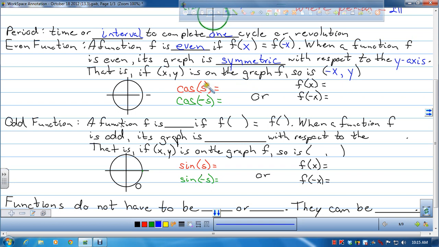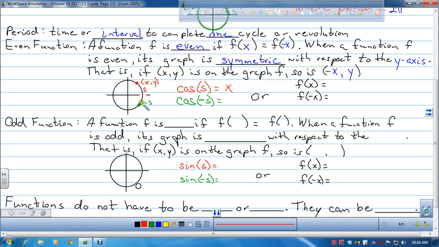Okay, so let's take a look at these. The cosine of s, let's say that s is up in here. The cosine of s there, if that's (x, y), we know that the cosine is my x value, right? Well, negative s, if we went up this direction to get s, to get negative s we go down, right?